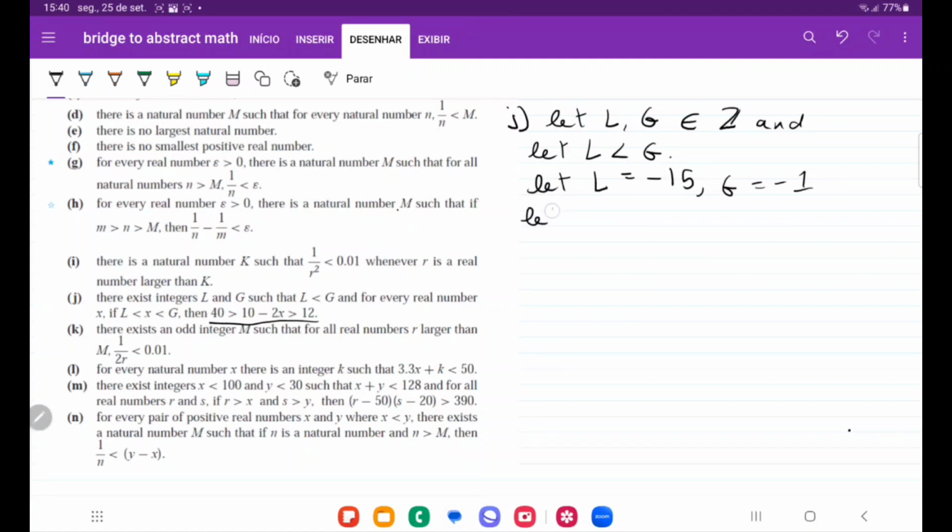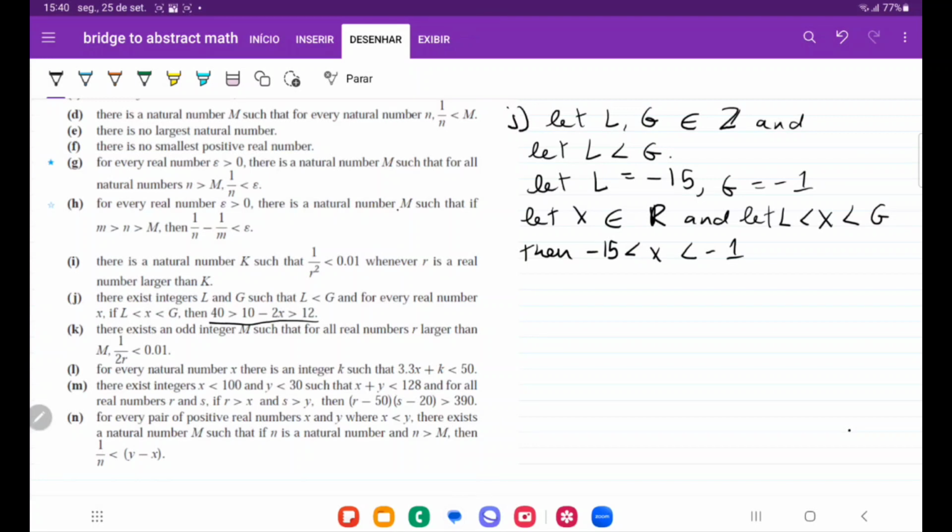So let x belong to the set of real numbers, and let x be less than G but greater than L. Then x is less than negative 1, which is greater than negative 15.